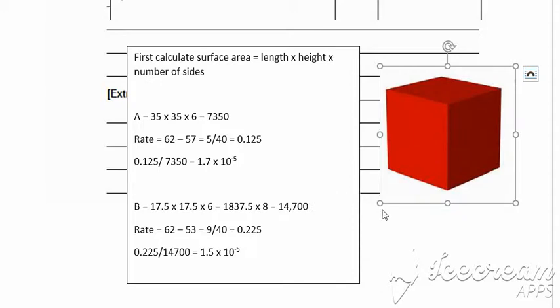For B, it tells us in the question that the cube has been cut into 8 equal sized cubes. So in order to do that, we can first of all halve the cube one way. So we cut the cube down the centre, which will make 2 areas.